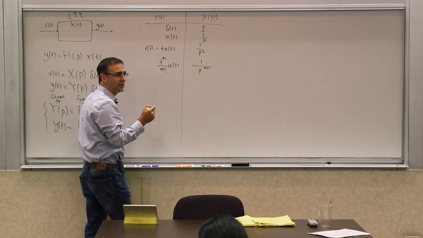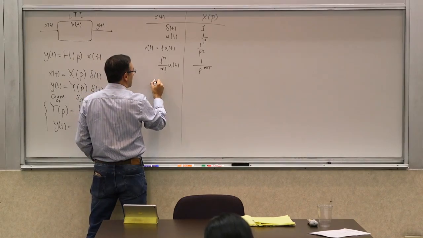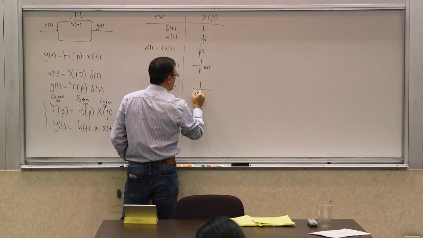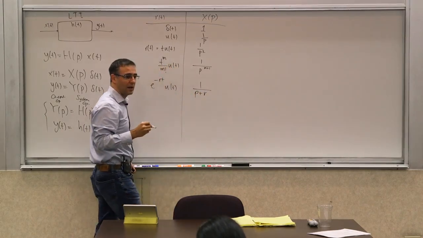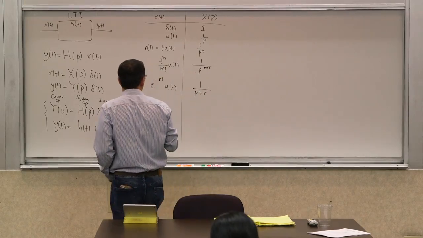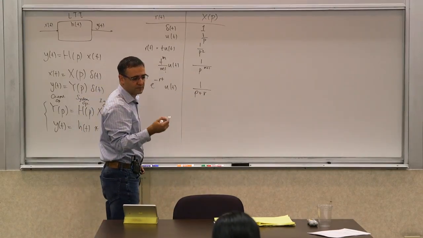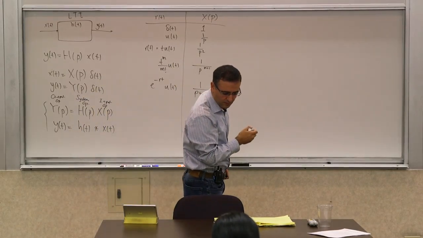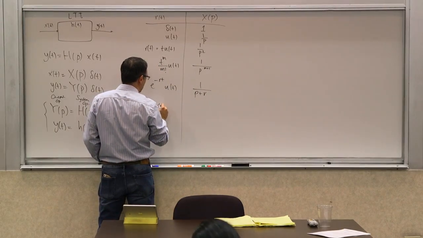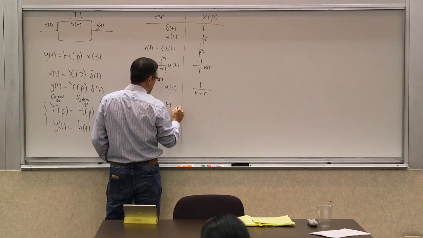And then we did other ones, right? We said an exponential, e to the negative r t u of t, was 1 over p plus r. We derived all of these things. I'm just restating them for the rest of the stuff we are going to be doing. Then we also had cosine of omega 0 t u of t, and sine.